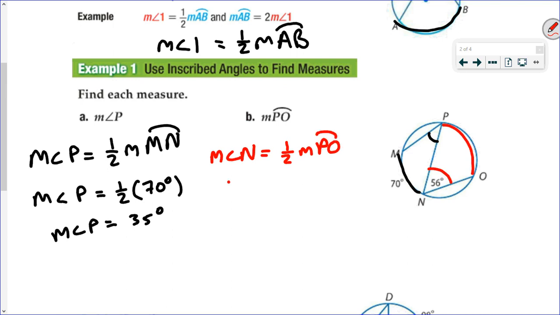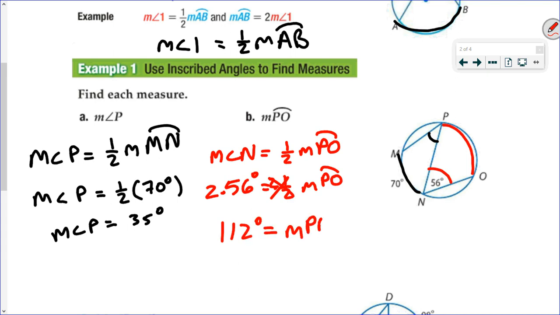We know angle N, so we substitute 56 degrees for angle N: 56 is 1/2 of the measure of arc PO. So multiply both sides by 2. Cancels your fraction. 2 times 56, of course, would be 112 degrees, the measure of the arc PO.